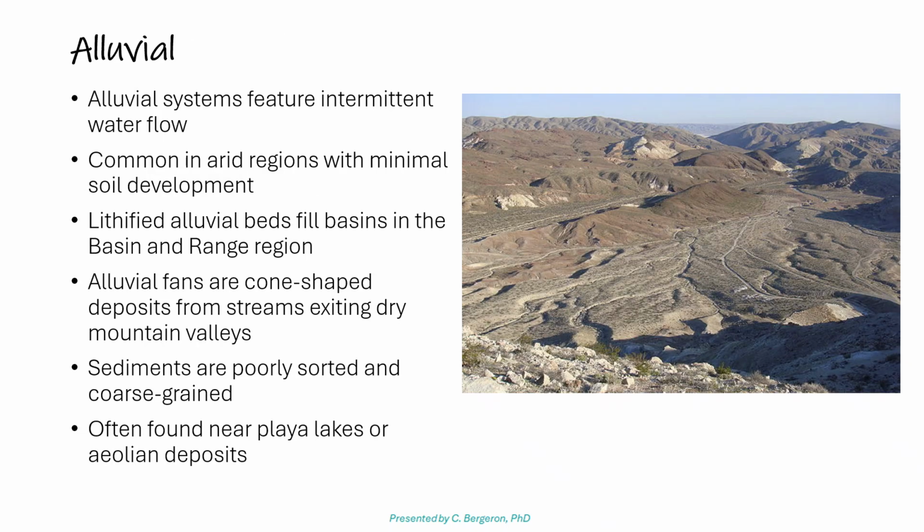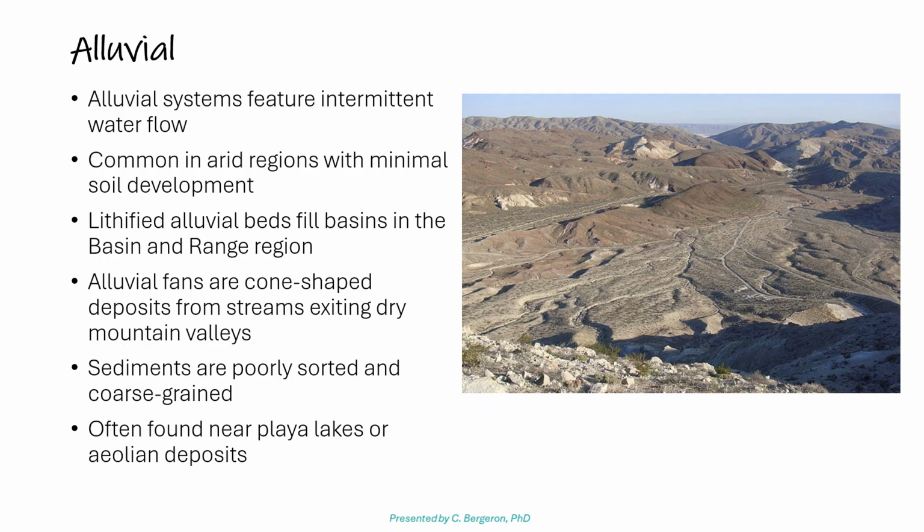Now, an alluvial system is a lot like a delta, except you don't have as much water. Alluvial systems are terrestrial depositional environments, and they are controlled by water, but in these systems, the presence of water is sparse and intermittent. So it doesn't always have a constant flow of water.